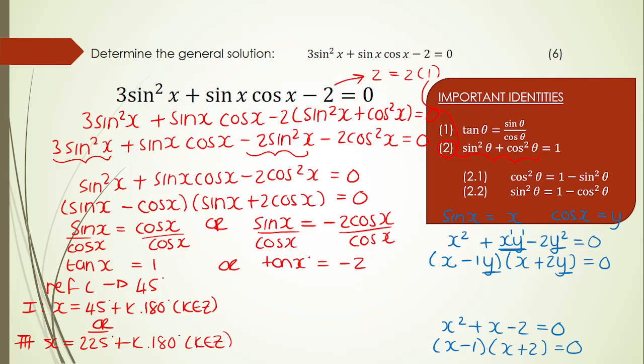Remember, there's no restriction on the tan graph, because tan, if you had to graph it, it would be infinite. Reference angle here is 63.43, and because it's negative, we are going to be in quadrant 2, which is 180 minus, so it's 116.57 plus k times 180, k's.